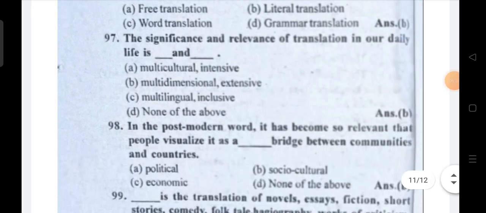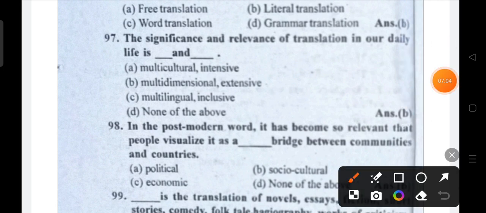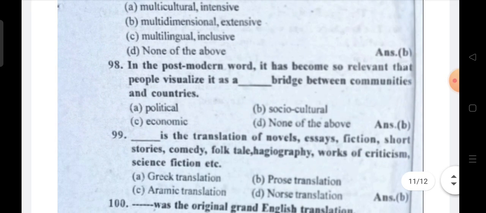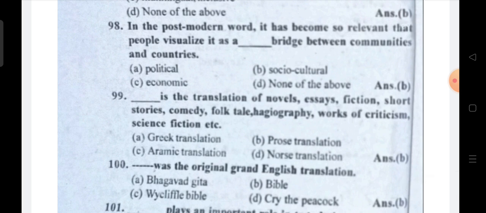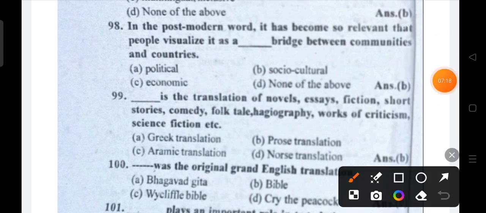The significance and relevance of translation in our daily life. Answer is B, multi-dimensional and extensive. In the postmodern world, it has become so relevant that people visualize it as a socio-cultural bridge between communities and countries.